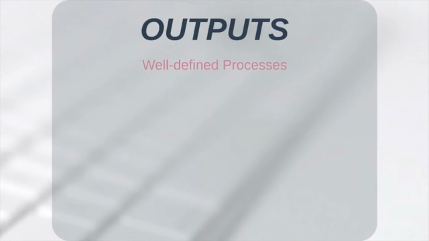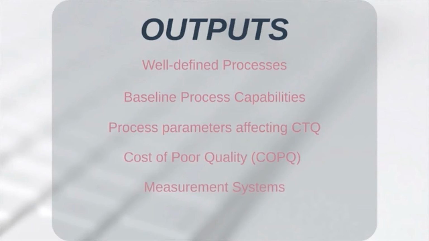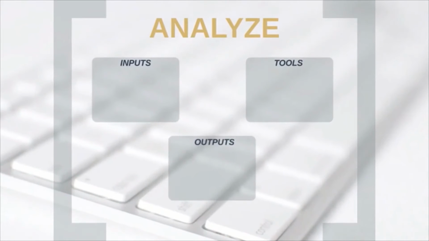The expected outputs are well-defined processes, baseline process capability, process parameters affecting CTQ, critical to quality, cost of poor quality, COPQ, measurement systems.